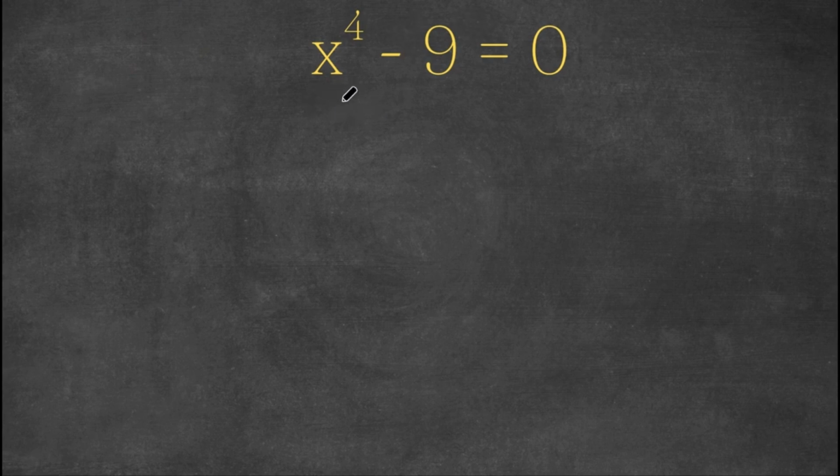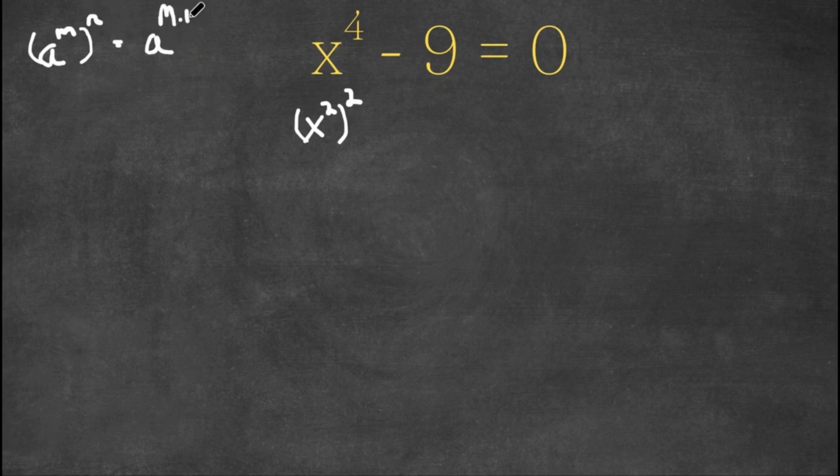So what I'm first going to do is change x to the power of 4 to x squared to the power of 2. Because remember, an important property of exponents is that we have a to the power of m to the power of n, which is also equal to a to the power of m times n.